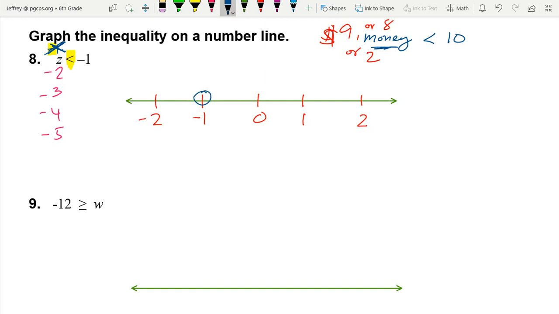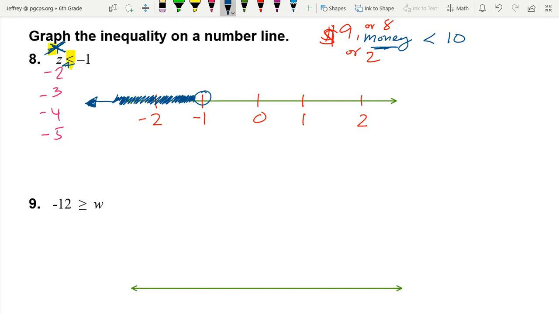But you start to shade all the numbers pointing to the left of the number line, and it goes all the way to the left. It's infinity. So all the numbers to the left are your possible solutions for z.